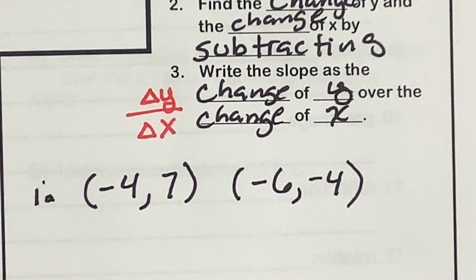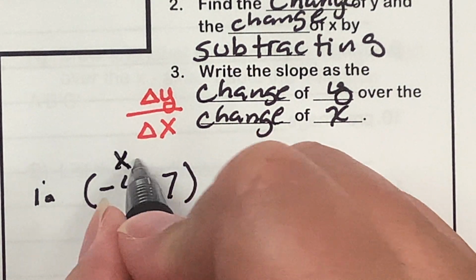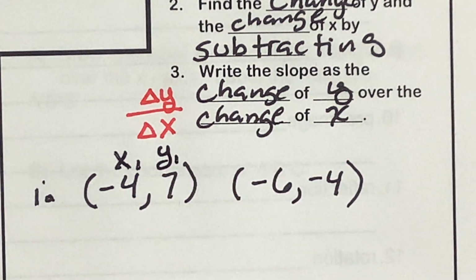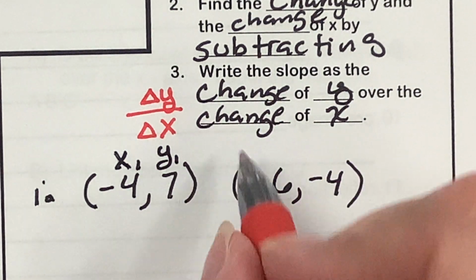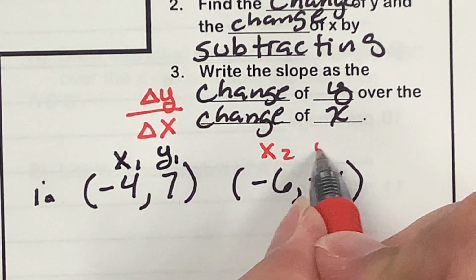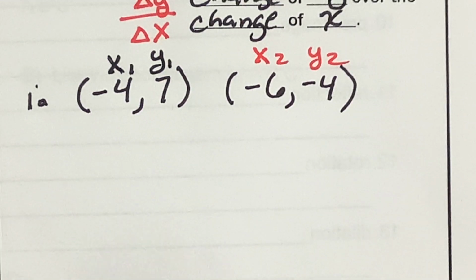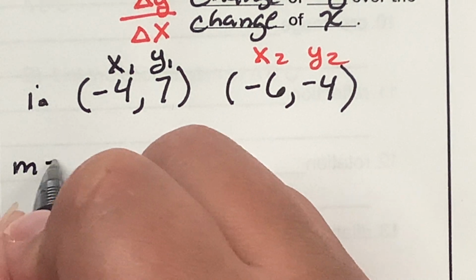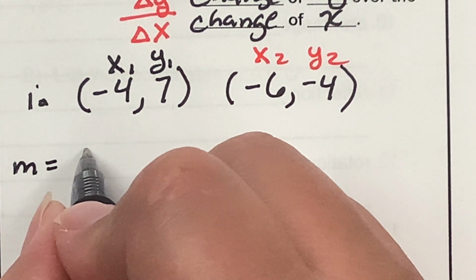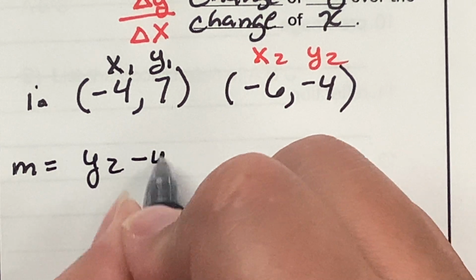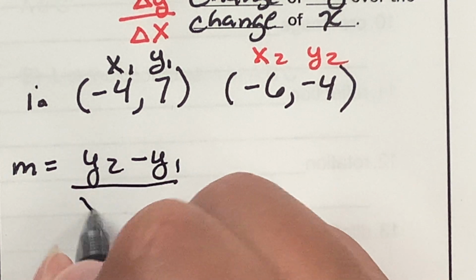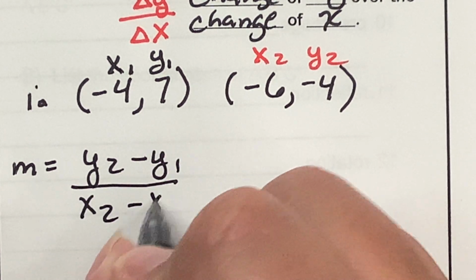We'll call this one x1 and y1, and we'll call this other one x2 and y2. Now, you remember the formula for this, right? m equals y2 minus y1 over x2 minus x1.